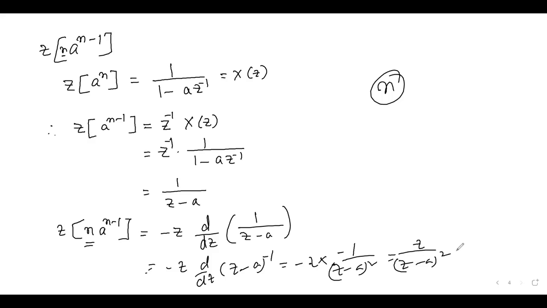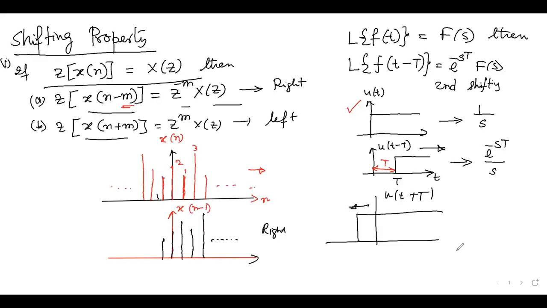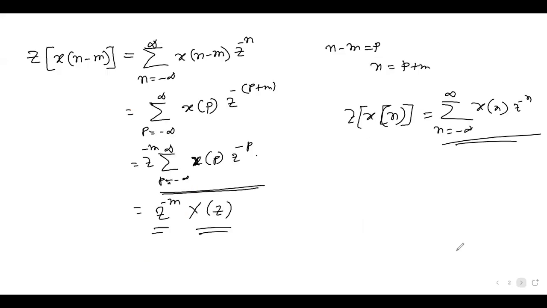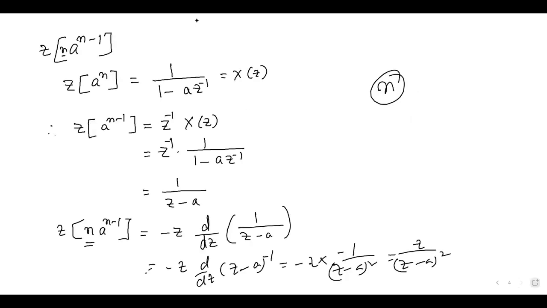Now this is for both sides of shifting. The signal may be only a one-sided signal. What is a one-sided signal? The signal will be only on this side.